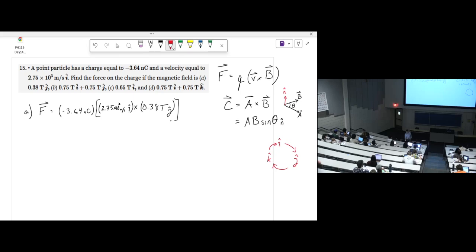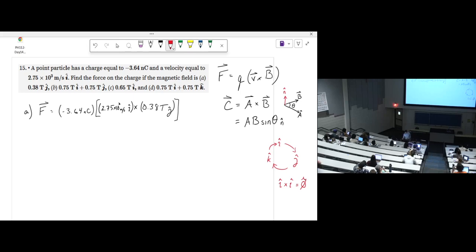That means our answer is going to be in K hat here. Okay? And also note that any vector crossed into itself is the null vector. It's 0. So that's going to get you most of the way that you need to go.